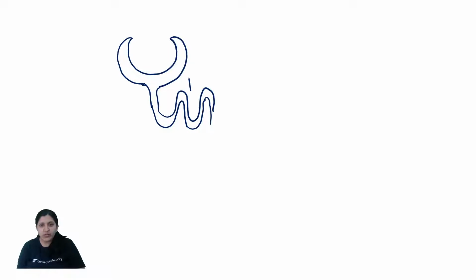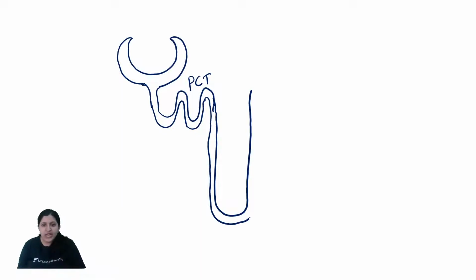This first folding is the PCT. Then this will continue as such, and there is a formation of a loop. There is only one loop which we always mention, and this is Henle's loop.